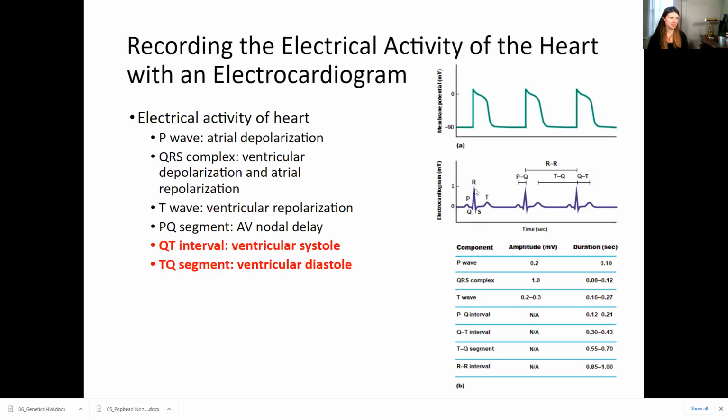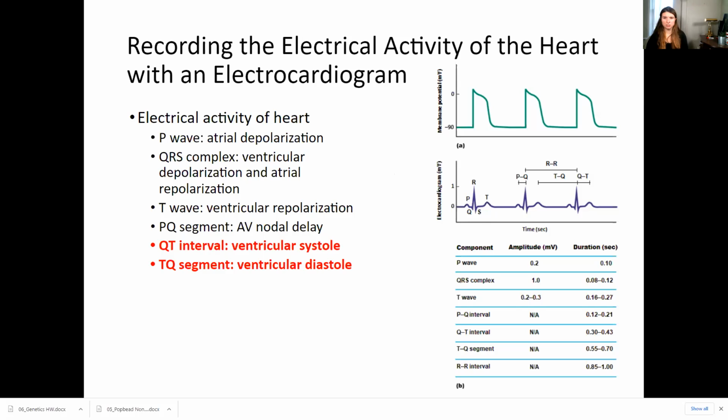So we see this big peak here, this big depolarization as our ventricles depolarize, and the atrial repolarization is in here as well. The T wave at the end is happening as the ventricles repolarize, and we can measure distances between different parts of this wave, basically to look at how quickly different events are happening.